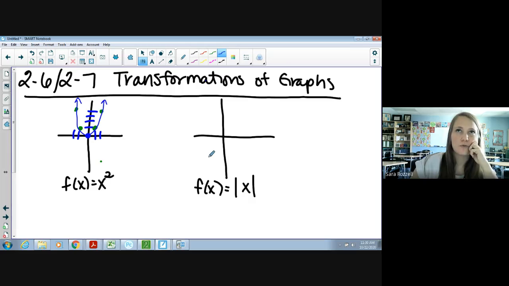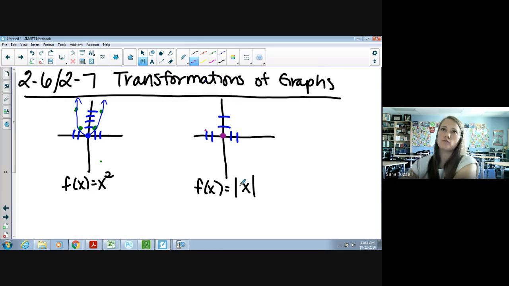The second graph that we'll be moving around is the absolute value of x. So we're going to do a similar thing. We're going to start with 0, and then we'll do 1 and negative 1 and negative 2 and 2. What is the absolute value of 0? 0. So if I was at 0, the absolute value of 0 is 0. What about 1?